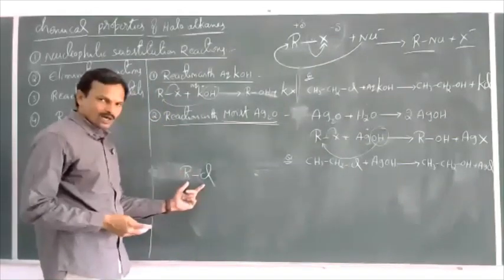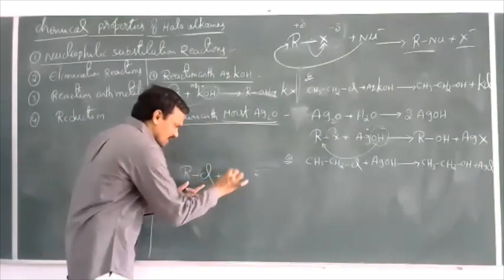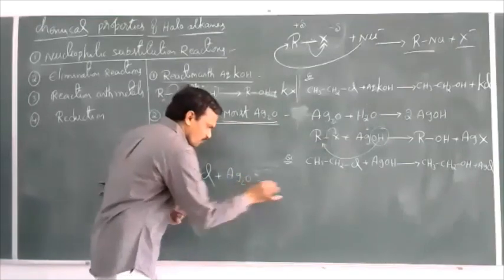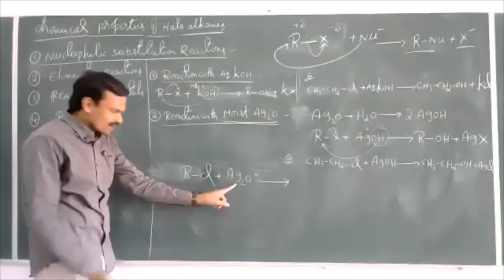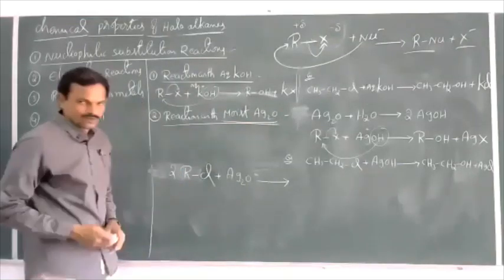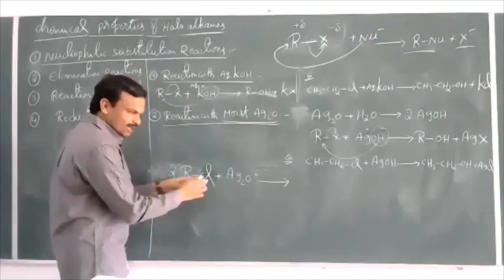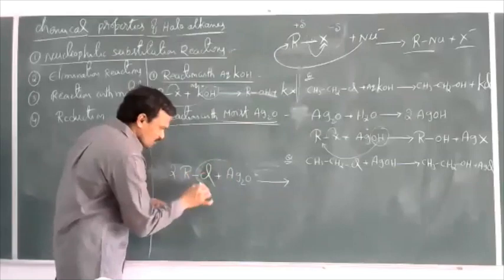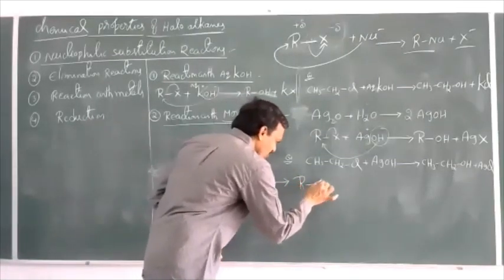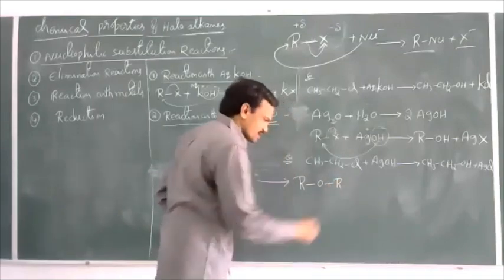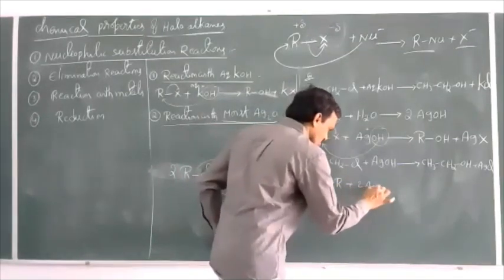When this haloalkane is allowed to react with the dry silver oxide Ag2O, then 1 mole of silver oxide can react with 2 moles of alkyl chloride RCl, and here 2 moles of AgCl get separated, and we can get ROR, 2 alkyl groups and 1 oxygen, plus 2 AgCl.